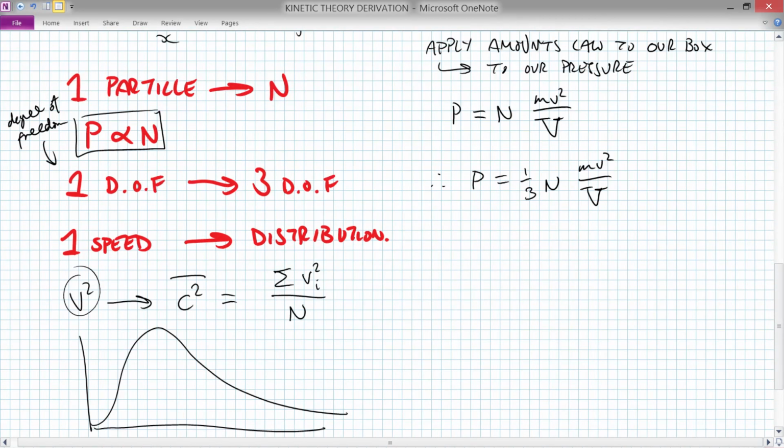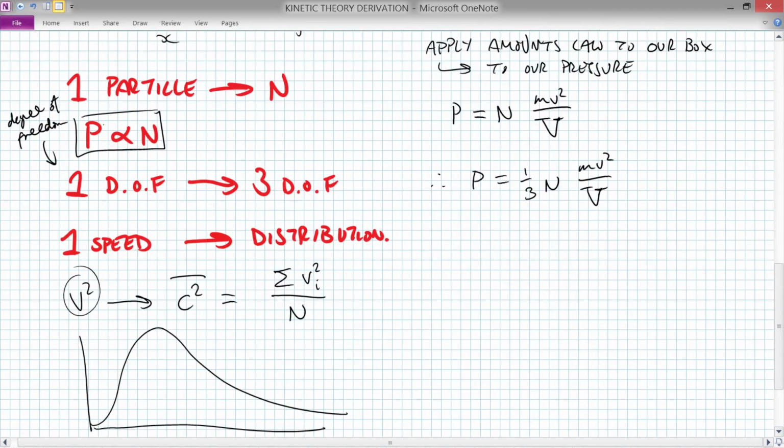You'd be tempted to talk about the mean of the velocities squared, but it doesn't quite work like that, and that's because of the equation of this line. It has some e to the power of some stuff, which is a function of x squared, or v squared I should say.